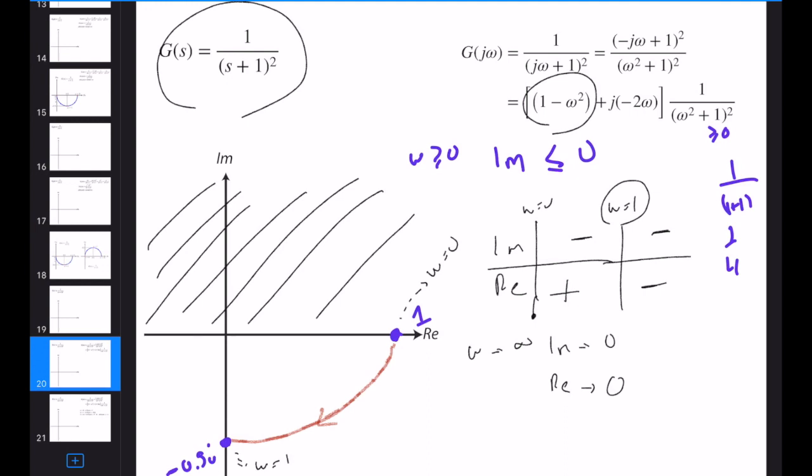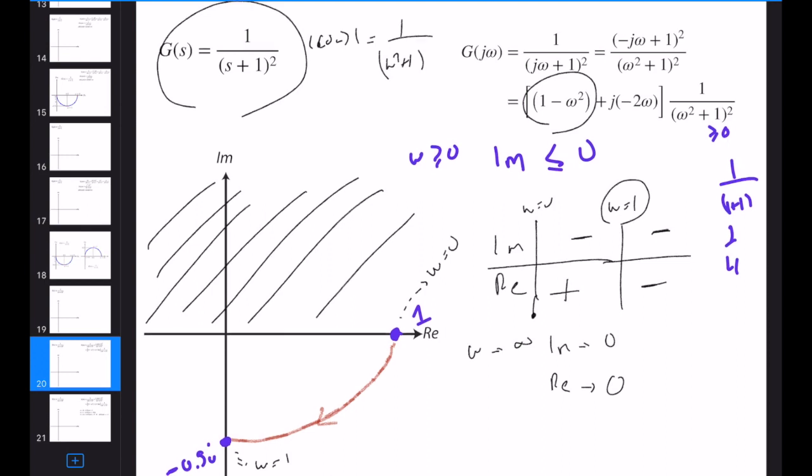And the magnitude of G of j omega is one over the square root of omega squared plus 1, so it is fair to assume that my polar plot will be something like this.